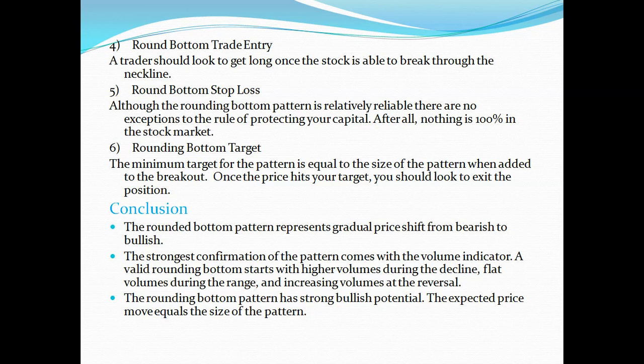After all, nothing is 100% in the stock market. Rounding bottom target: the minimum target of this pattern is equal to the size of the pattern added to the breakout. Once your price hits your target, you should look to exit the position.